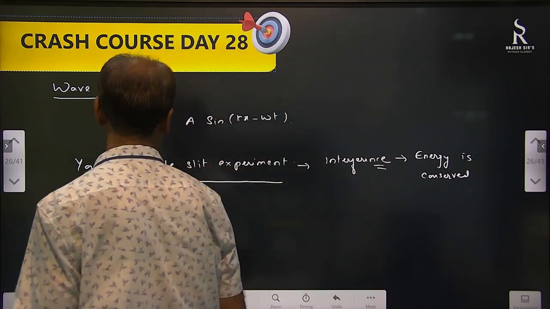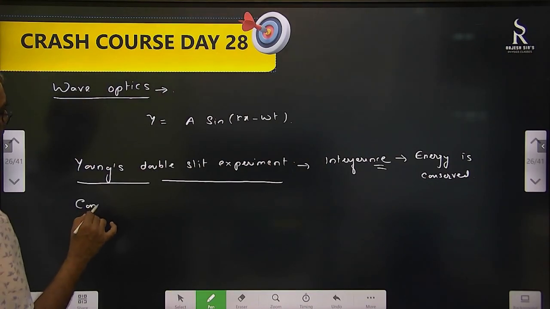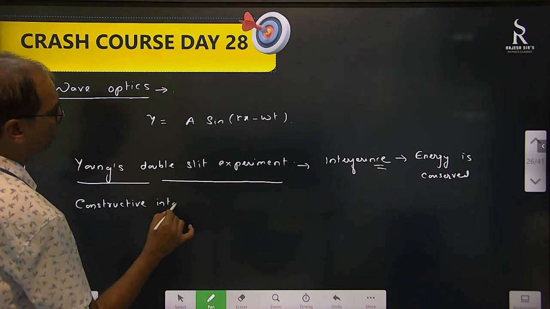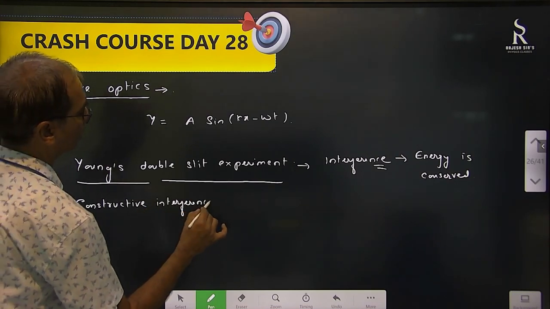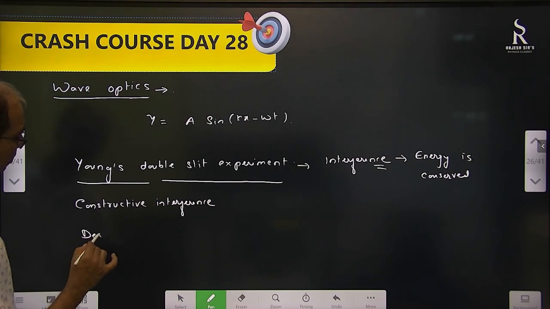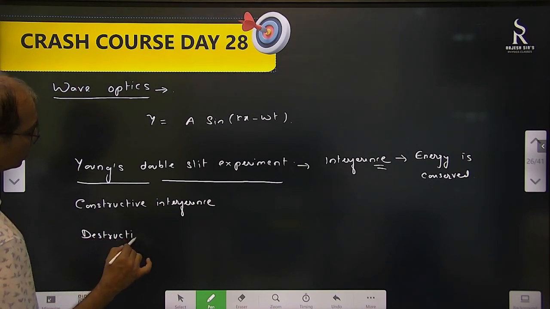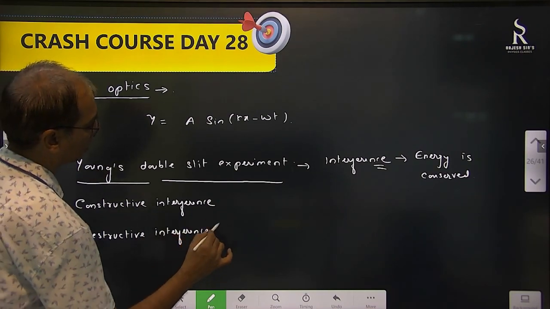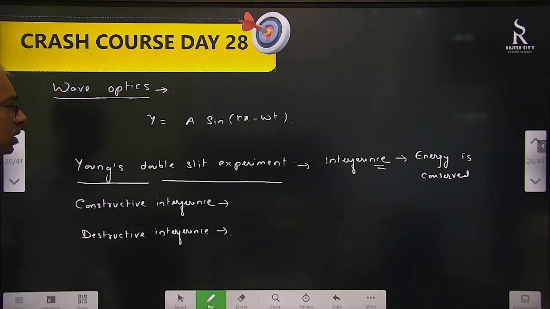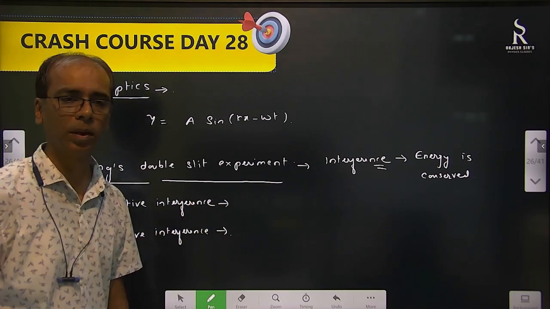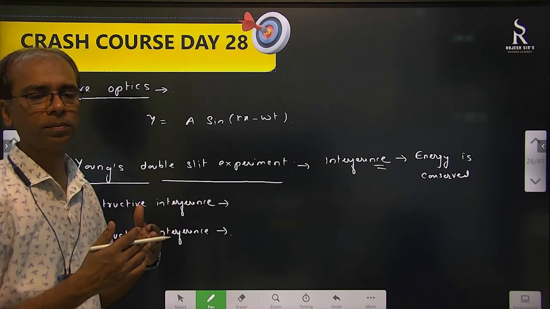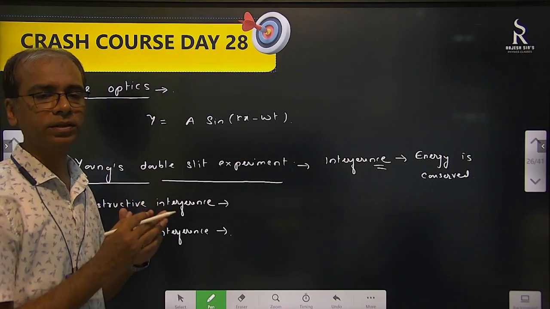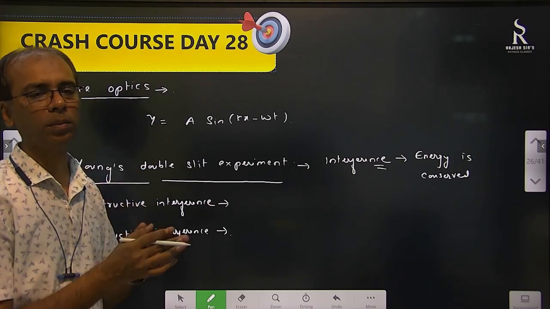Interference is actually two types, constructive and destructive interference. In constructive interference, what happens? We are going to get maximum amplitude. If the two waves are interfering, at the point of interference, we are going to get maximum amplitude. And destructive interference is where we are going to get minimum amplitude.